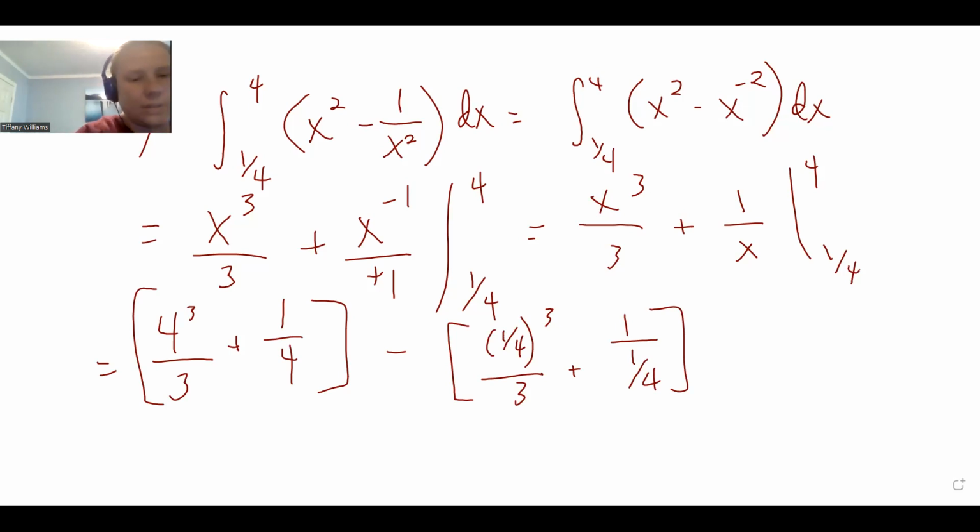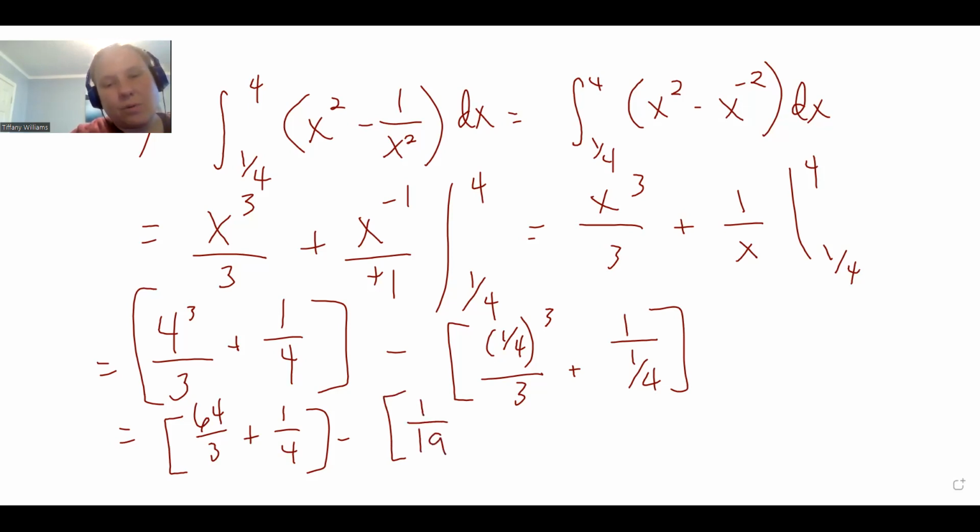Here, guys, if we work this out, we're going to have 64 thirds plus a 4th minus, if you do 1/4 cubed, you get 1 over 64, and then you really have to put the 4 on the bottom of the fraction, so you get 64 times 3. So here I'm going to have 1 over 192 if you work all that out.